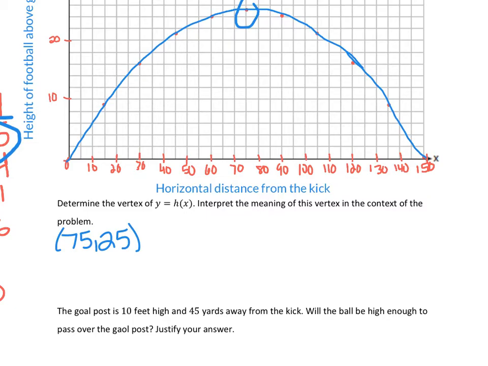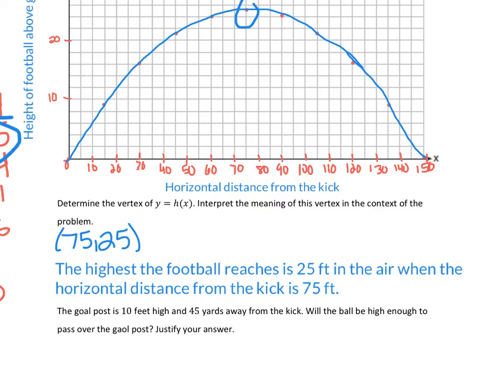And this is the maximum. So what we can say is the highest the football reaches is 25 feet in the air, and that's at a horizontal distance from the kick of 75 feet. So go ahead and jot that down. Pause if you need to.